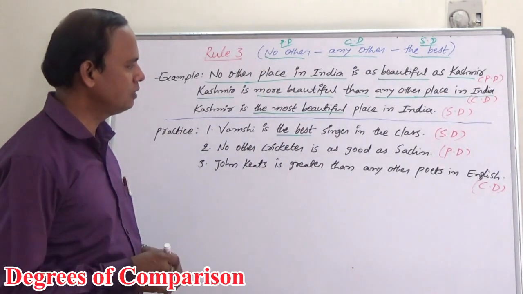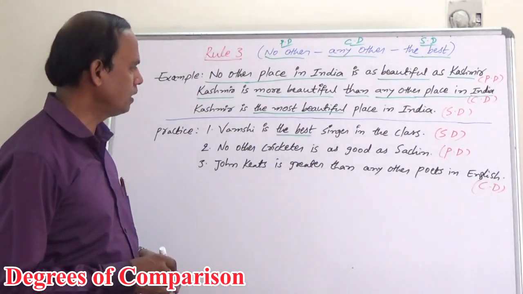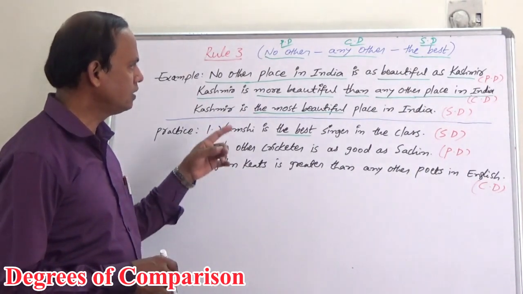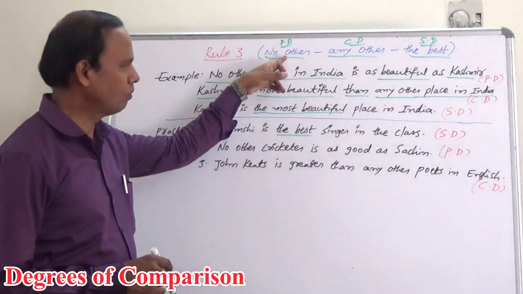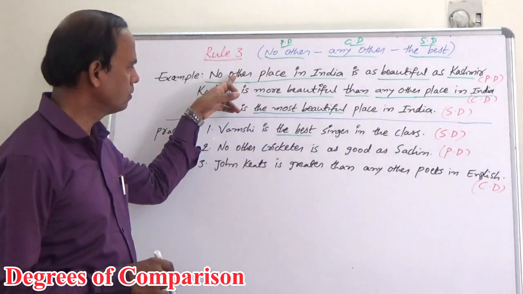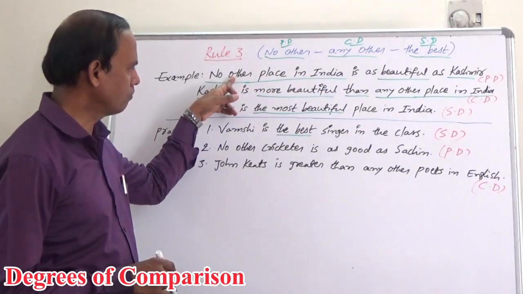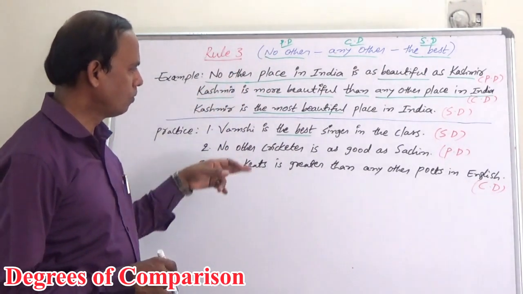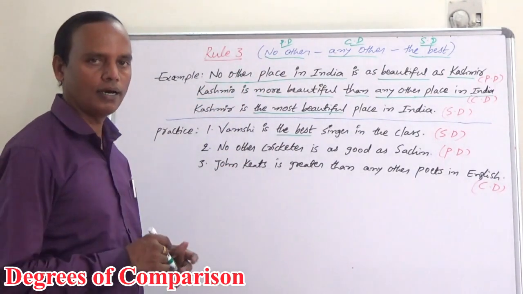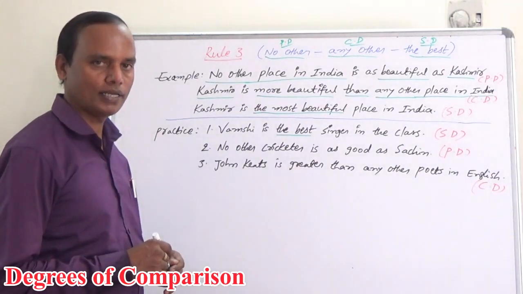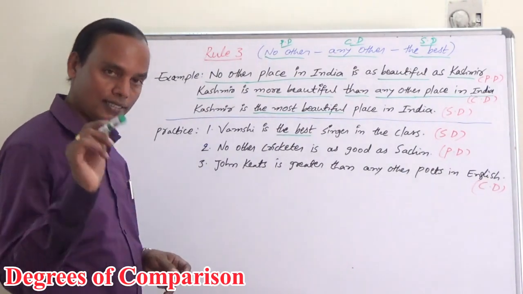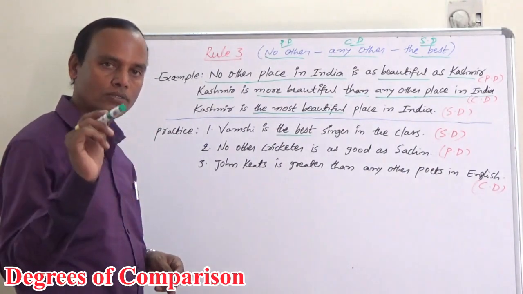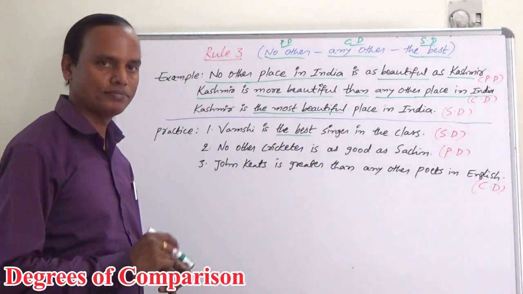First let us change to positive degree. Changing to positive degree here starts with no other. I have already shown you in the example also. No other singer in the class is as good as Vamshi.